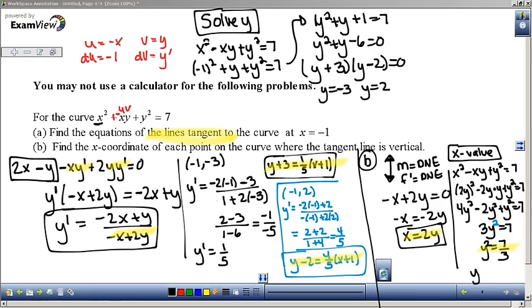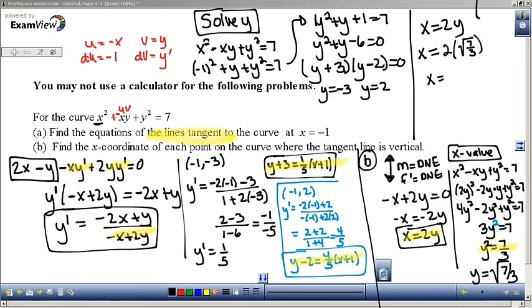So my y is going to be the square root of 7 over 3. So now to get x, I know that x is equal to 2y, so x is going to be 2 times the square root of 7 over 3. So that is where it's going to occur.